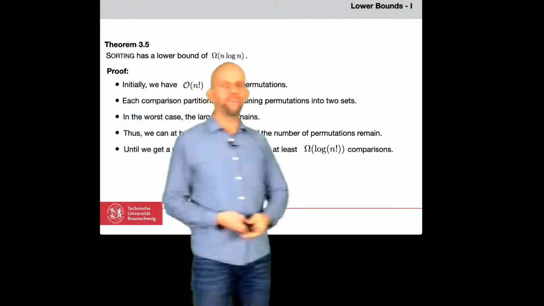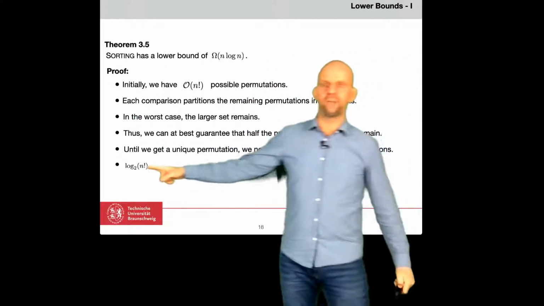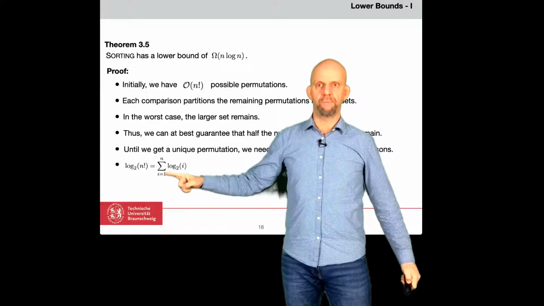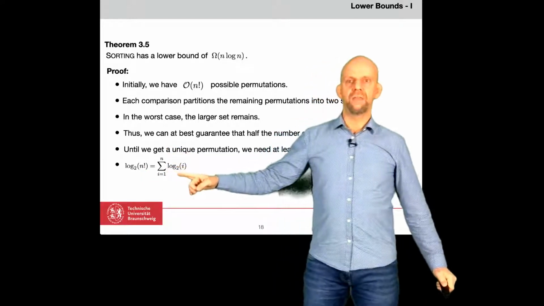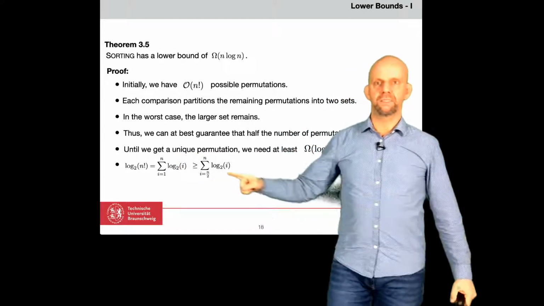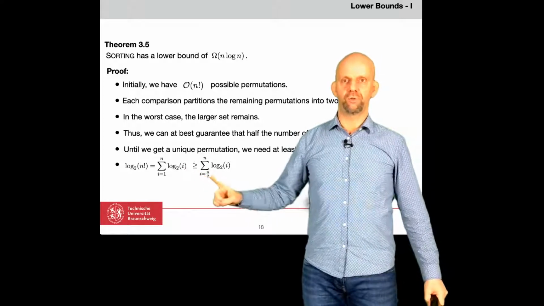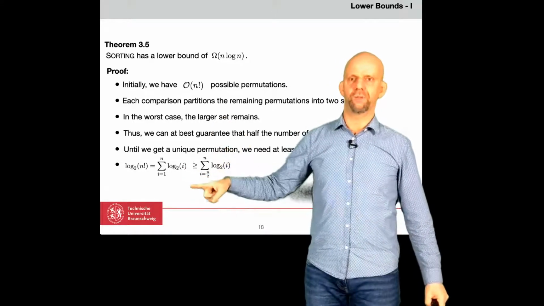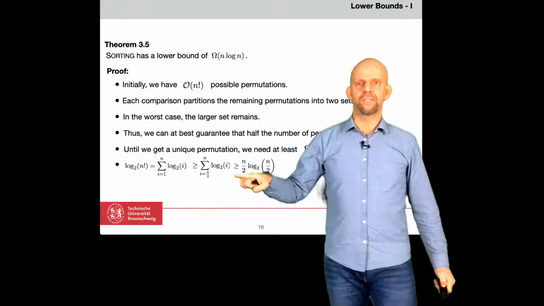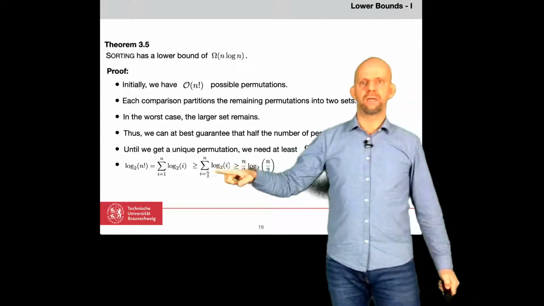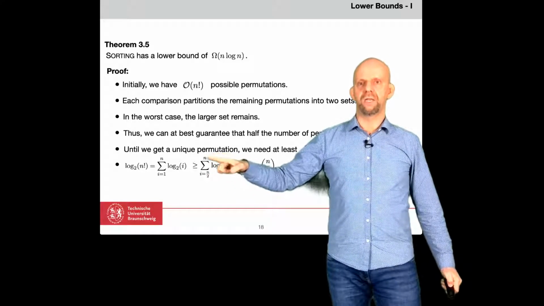And when you look at the log of n factorial, that's now easy. You see the log of n factorial is nothing but the sum of the logs of the numbers from 1 to n. And then you can do a couple of estimates, because if you just drop the first n over 2 terms, basically you say, let's not worry about the small stuff, let's start with n over 2. All of them are bigger than n over 2.